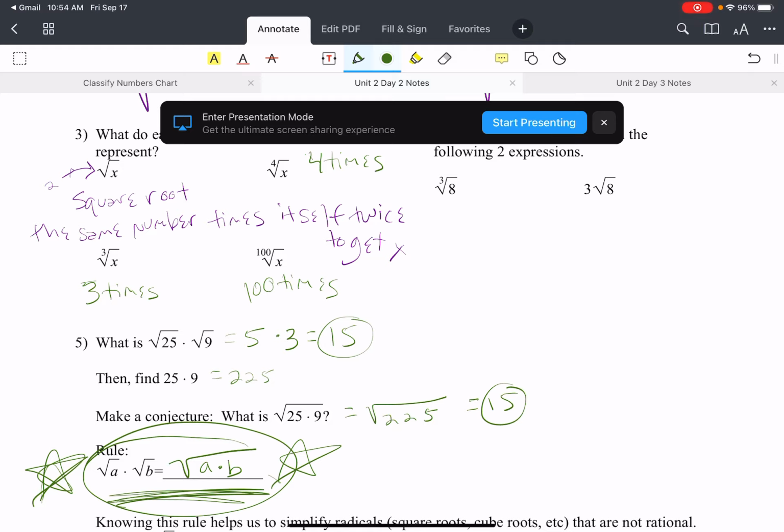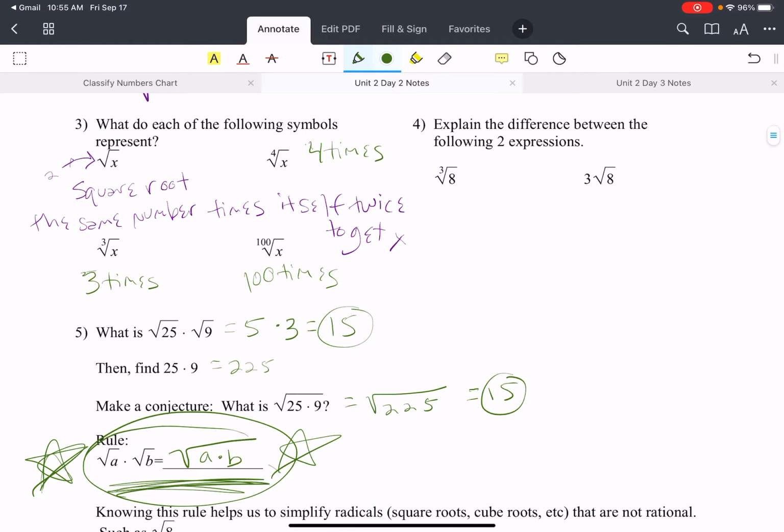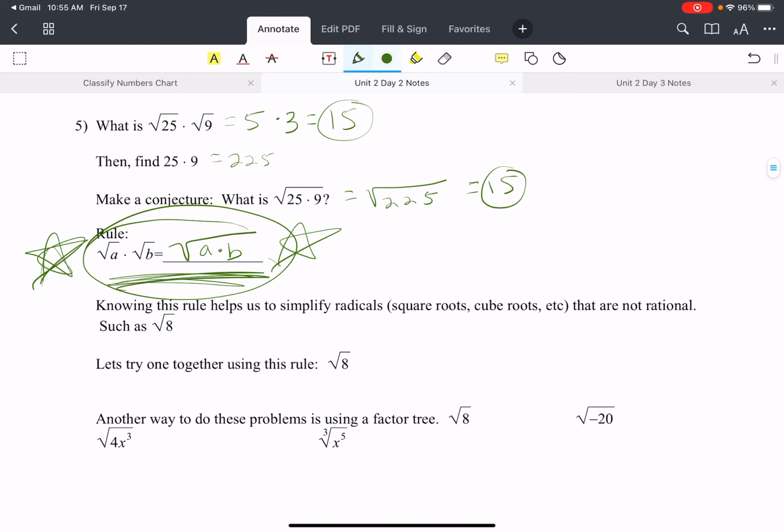Good? Okay. So this rule is one of our 2 ways that we're going to learn today that you can simplify square roots. After I've taught you both ways, I don't care which way you simplify, whatever's going to be easier for you, okay? So let's look at this first one, and we're going to use this rule.